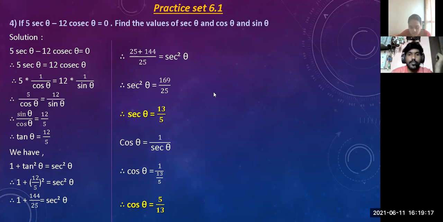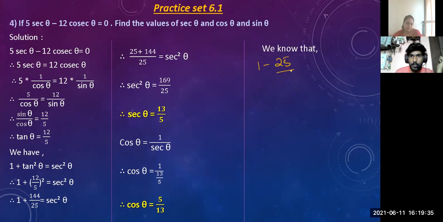If you multiply it, 169 into 1 will be 169. But will you add it or minus it? Minus, right? It is 1 minus 25 upon 169. You'll have to subtract it. So 169 minus 25 upon 169, and 169 minus 25 you can do.